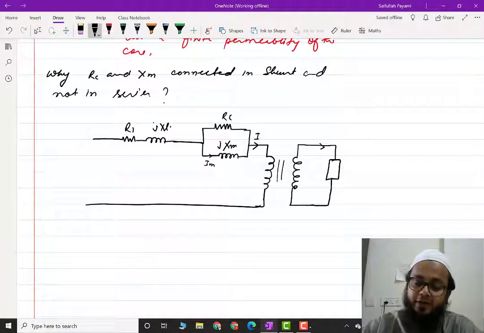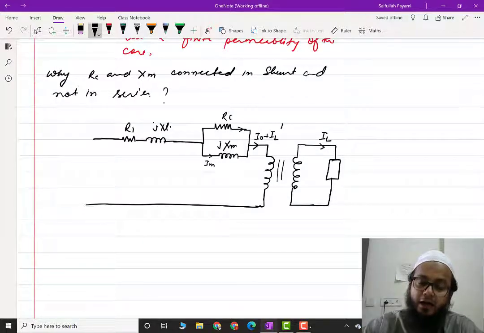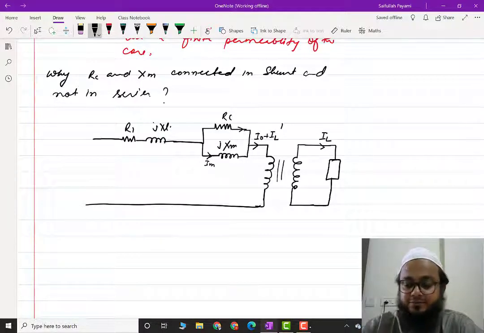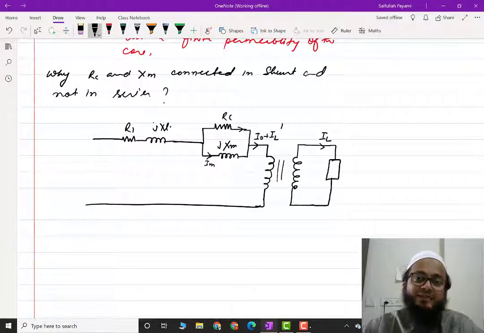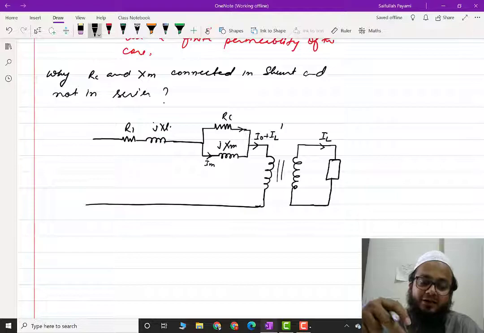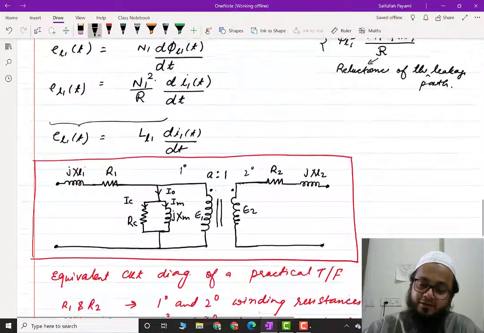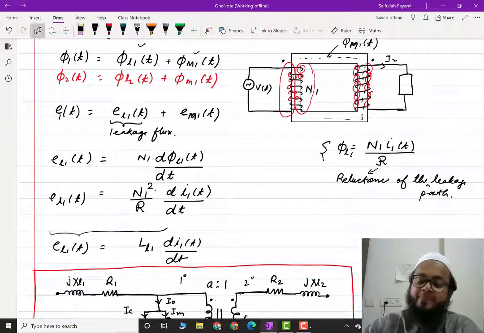So the primary will have the current of the no load branch plus this load current IL dash. Now this IL dash will either come through RC or through XM. If it comes through XM, then the flux in the core has increased. But in the connection here in this core, even if you load it, there is no increase in this flux.